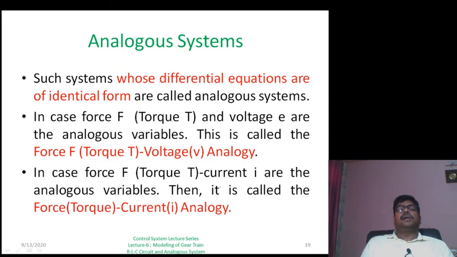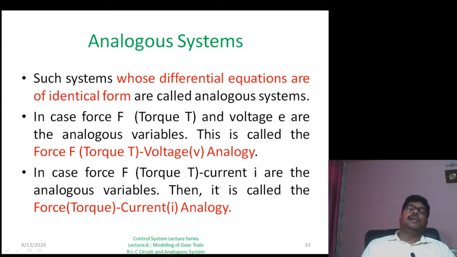Why do we want an analogy with the electrical system for any mechanical system? Because the electrical system has an advantage over the mechanical system, since its parameter measurements are very easy compared to the mechanical system, since inertia and torque are not easy to measure.